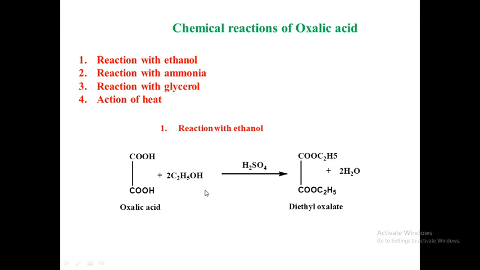When oxalic acid undergoes esterification with 2 moles of ethanol, C2H5OH, in presence of sulfuric acid as a catalyst, it forms diethyl oxalate as a product. This is your first reaction.